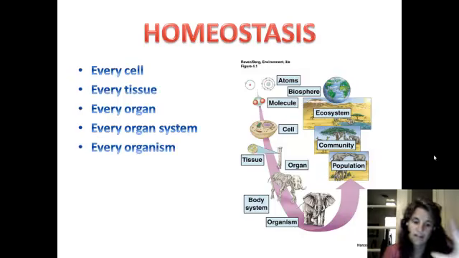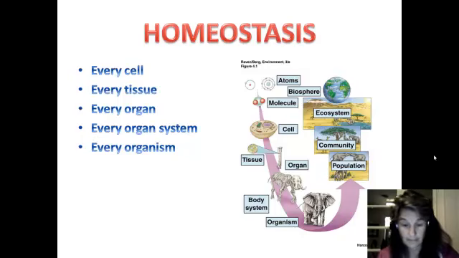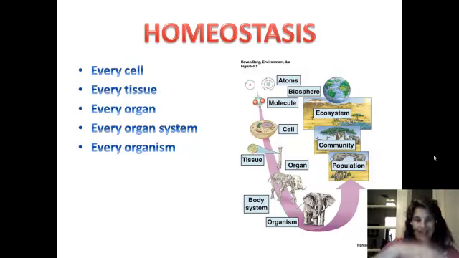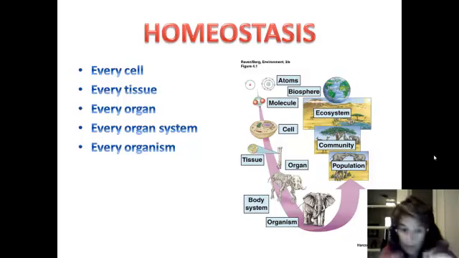And every individual organism, the point of life for all of these different levels of organization is to maintain homeostasis, so that the molecules have the right conditions they need to do the things they need to do. The minute the individual, the organ system, the organ, or the cell is unable to maintain homeostasis anymore, it begins to break down.